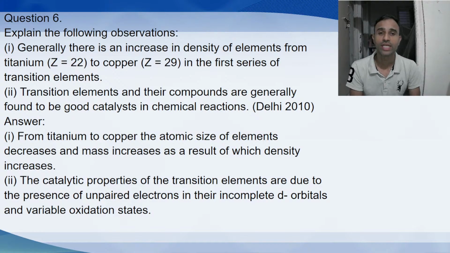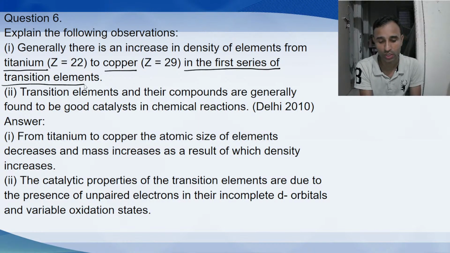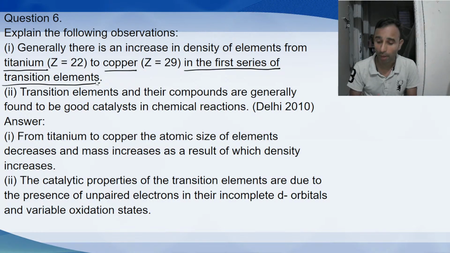Next, generally there is an increase in density of elements from titanium to copper in the first series of transition elements. Obviously there is an increase, because as we go from titanium to copper, there is an increase in mass, and at the same time a decrease in size, because in the 3d series, as atomic number increases, atomic size decreases and mass increases.